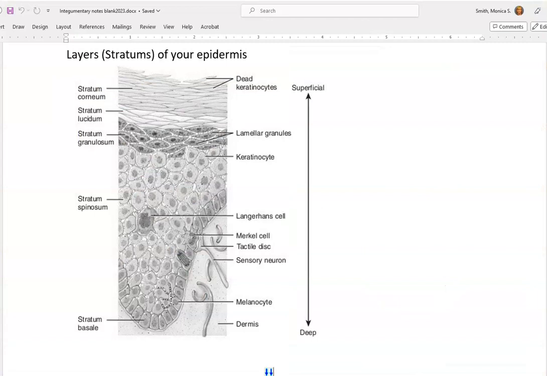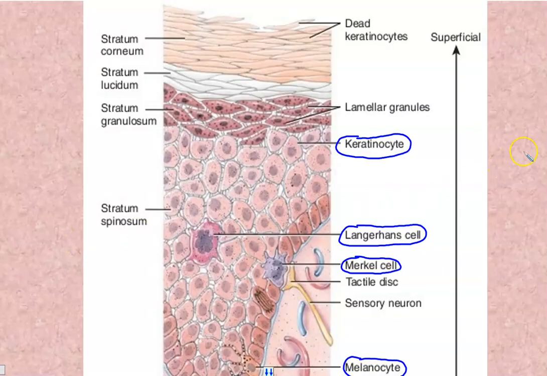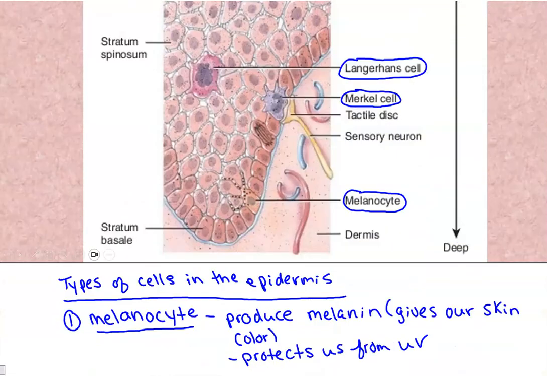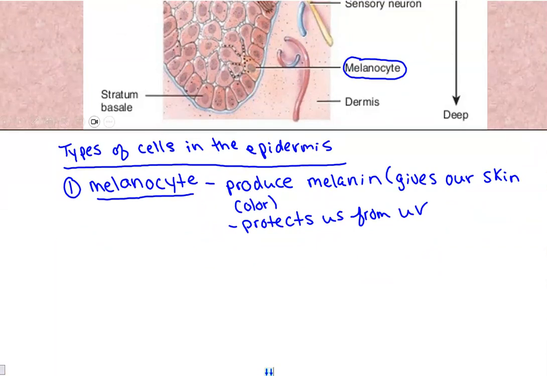Let me get back to our beginning where I was writing and go back down here, and let's talk about those other ones. So there's our melanocytes making melanin. I do want to put one more little dot on here.